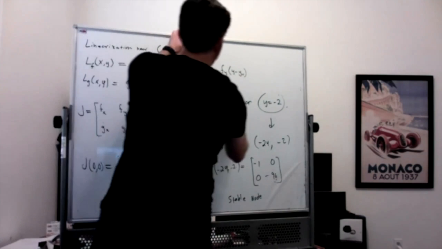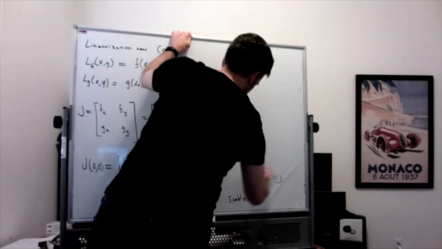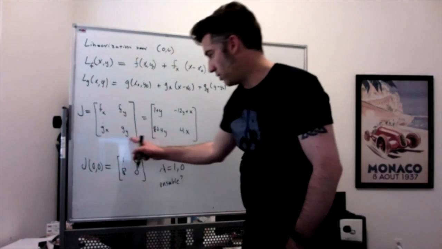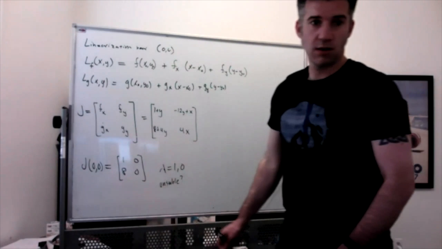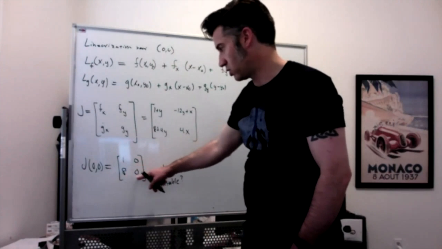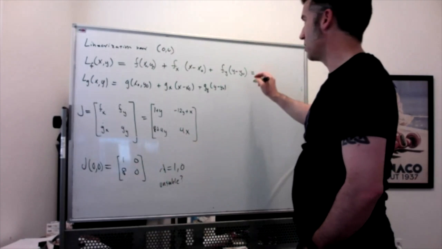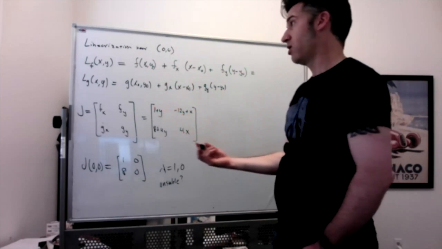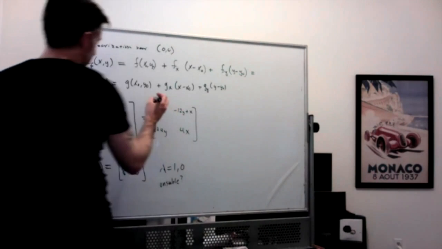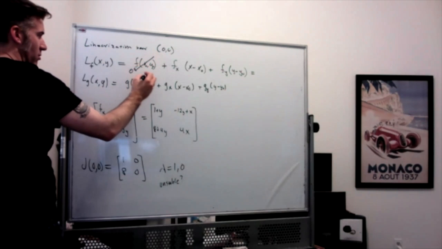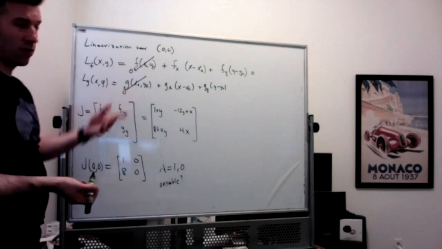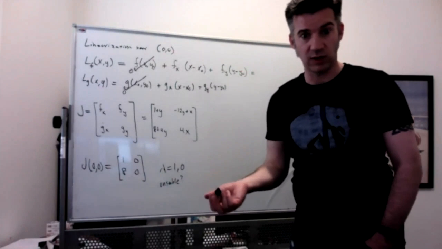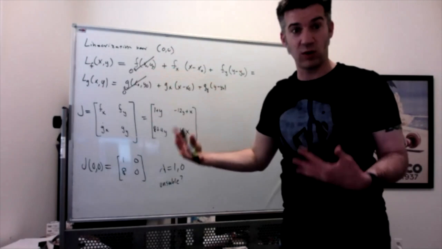So at 0, 0, this is my fx, fy, gx, gy. So f of 0, 0 is 0, right? Whenever you're plugging in equilibrium, this just becomes 0, because these were what the differential equations were equal to. So f is your first differential equation, and if you plug in equilibrium, it is equal to 0.